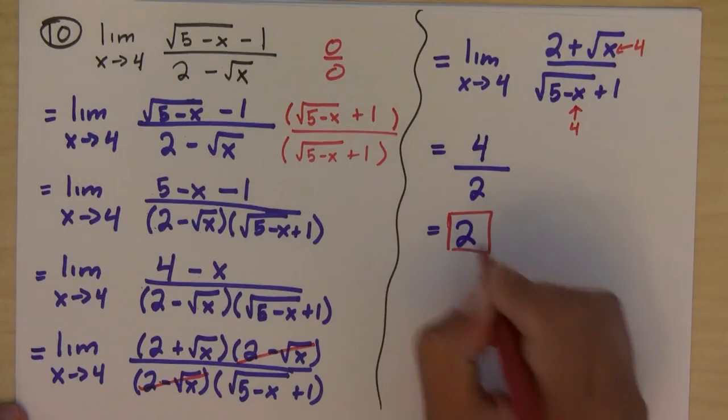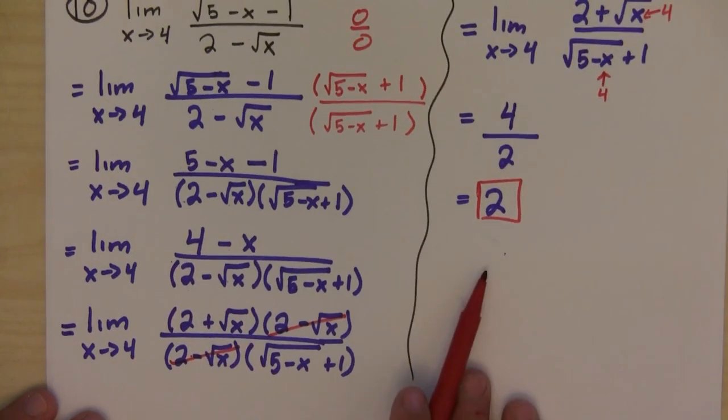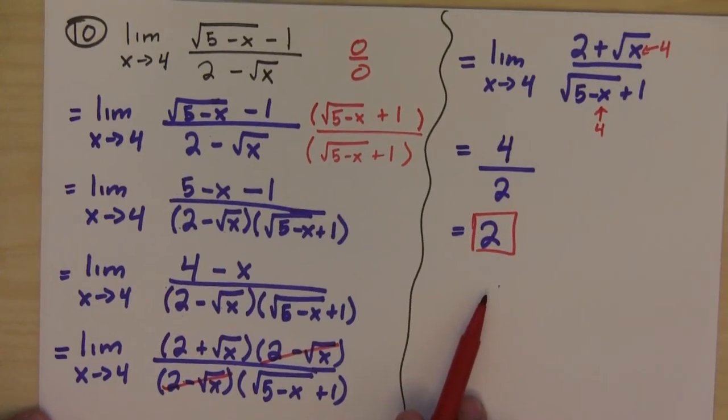Now that's one way of doing it, or if we go back here to this step, another thing we could have done is multiplied by the conjugate of this guy, and we would have gotten a similar result. But this just seemed easier right now.